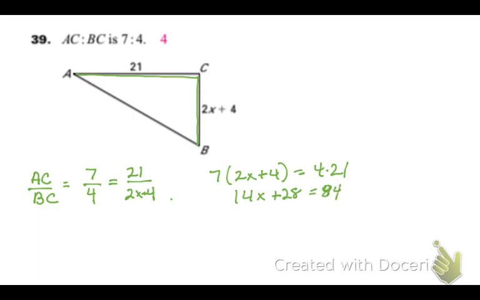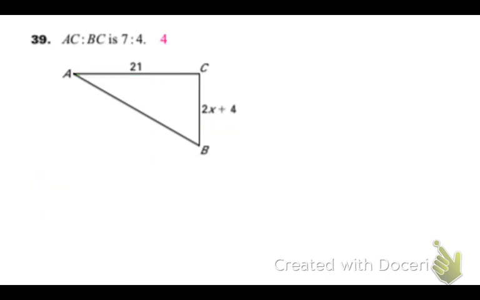Sorry. 14x is equal to 84 minus 28, which is 56. x is equal to 4. So 2x plus 4, 2 times 4 is 8 plus 4 is 12. So 7 over 4 is equal to 21 over 12, and that looks good. Okay, so let's go on to the next one.